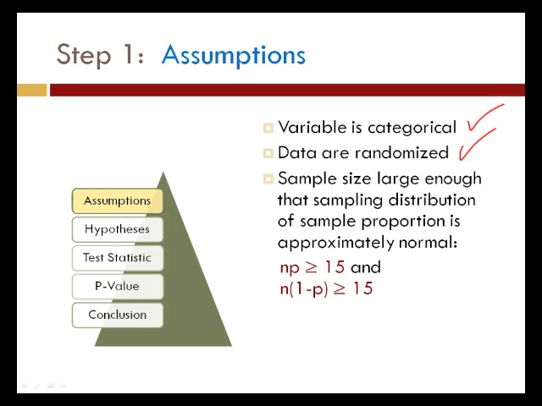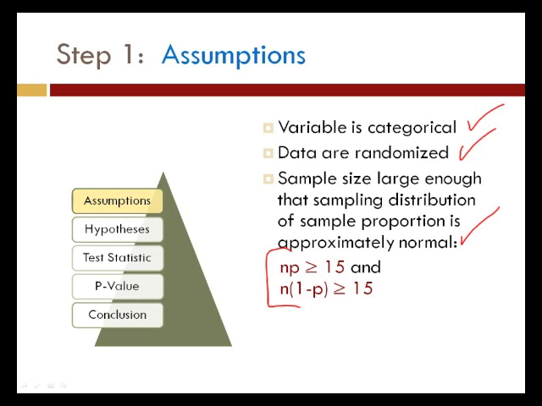How many successes did we have? 40. And how many failures did we have? 116 minus 40, definitely more than 15. So we're good here too. We've met all 3 of our assumptions.